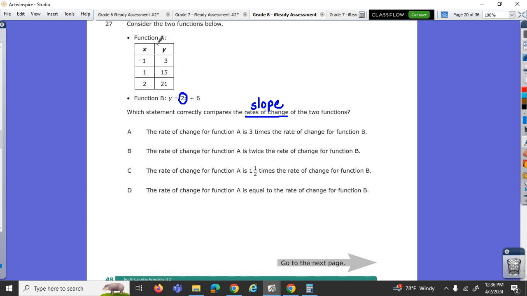So we can just pick 2 points, right, and do our quick rate of change formula. X1, Y1, X2, Y2, and do our rate of change. Y2 minus Y1 over X2 minus X1. All right, let's plug it in.